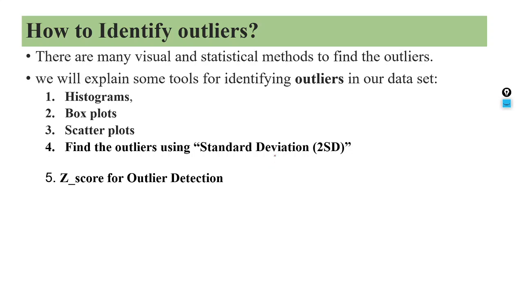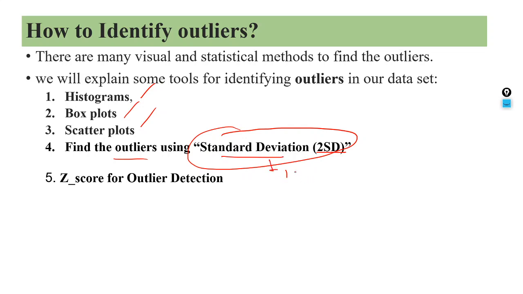Histograms, box plots, scatter plots, and finding the outliers using the standard deviation. So what is meant by 2SD? There are different types of standard deviations: one standard deviation, two standard deviation, third standard deviation, fourth, fifth.